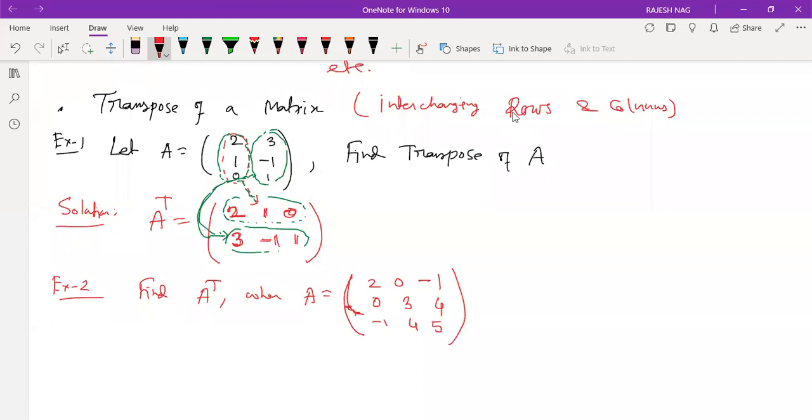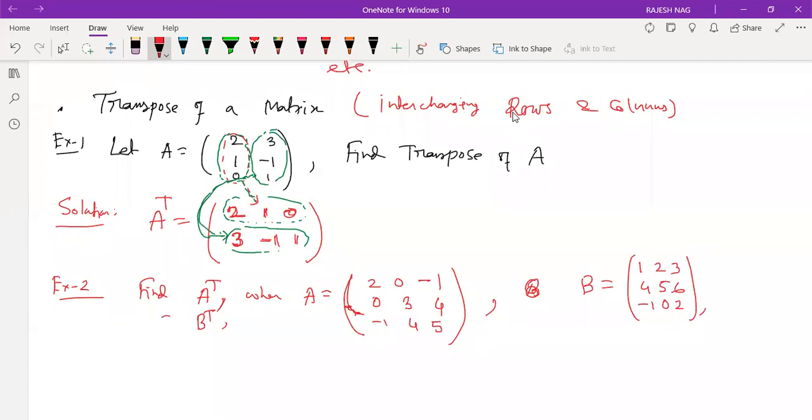Another, find BT, and say B equal to 1, 2, 3, 4, 5, 6, minus 1, 0, 2.